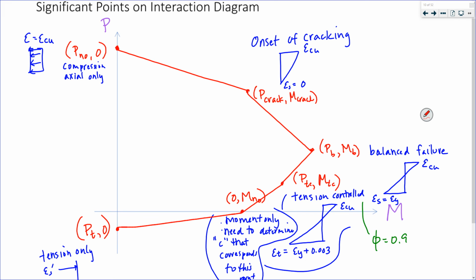Now I have my interaction diagram and my failure surface. These are only points. If you keep increasing your strain in your steel, from onset of cracking through balanced failure, tension controlled, if you find like 20 points along the way, it'll actually be more of a curve. But if you calculate these 6 points, you'll estimate it pretty well.